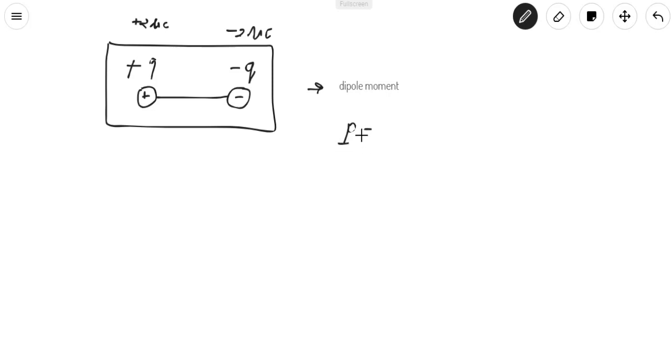P is equal to, we will require any one value from these two charges.